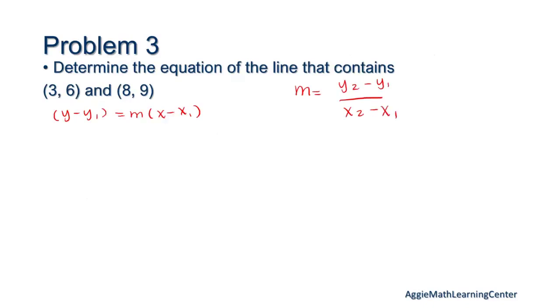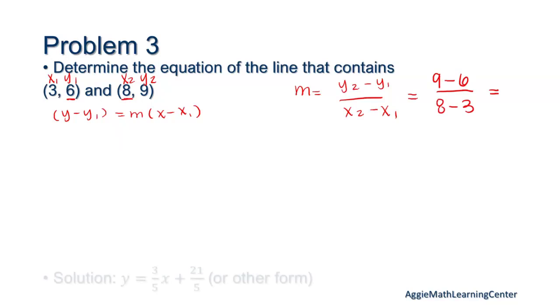Let's find that one first. I'm going to choose this as my x1, y1, and this as my x2, y2. If I plug those in for my y2, y1 values here, I have 9 minus 6, and then over 8 minus 3.